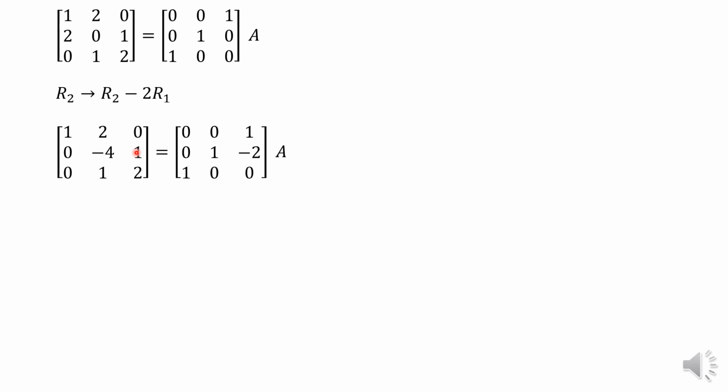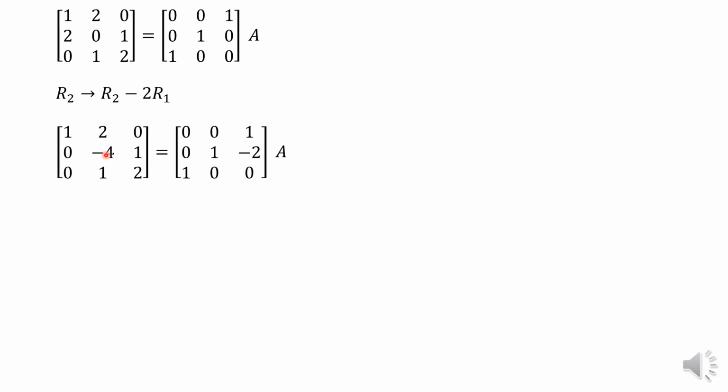Okay, but luckily below this minus 4 we are having 1 here. So therefore what we can do is, instead of dividing second row by minus 4, I swap third row with second, so that 1 comes here, so leading entry becomes 1, so that operations are easy.